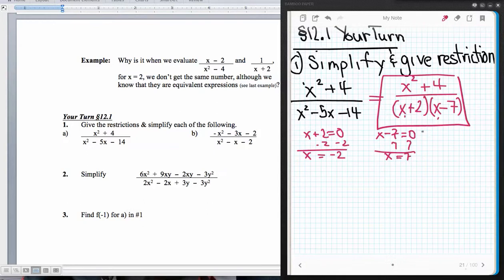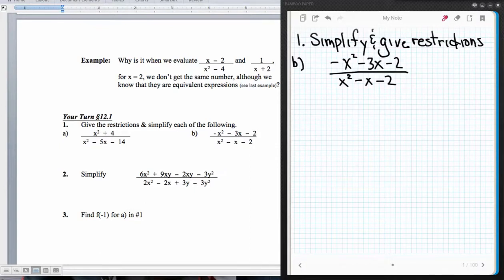If we wanted to write that as a domain, we would say the domain is all x's such that x is not equal to a negative 2 or a positive 7. So remember, even though you're solving for those values, you're solving for them to eliminate them, to restrict them, to say they're not equal to in the domain.